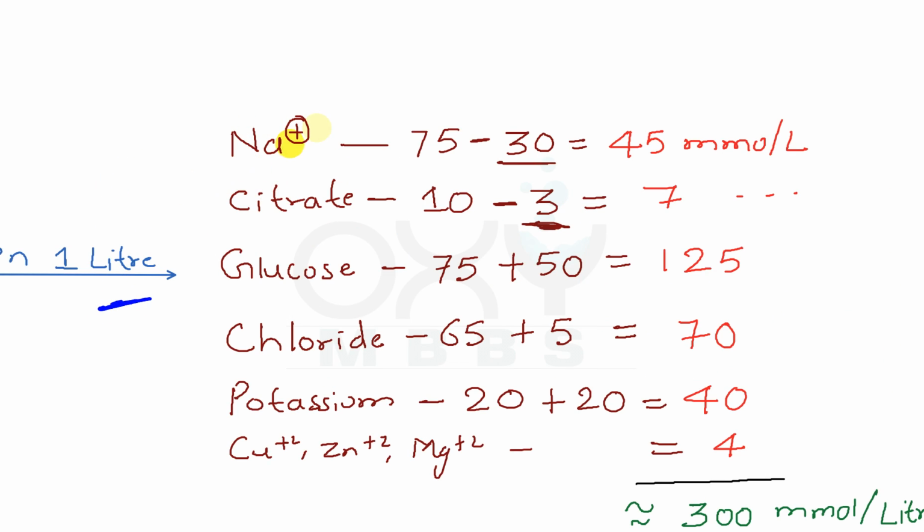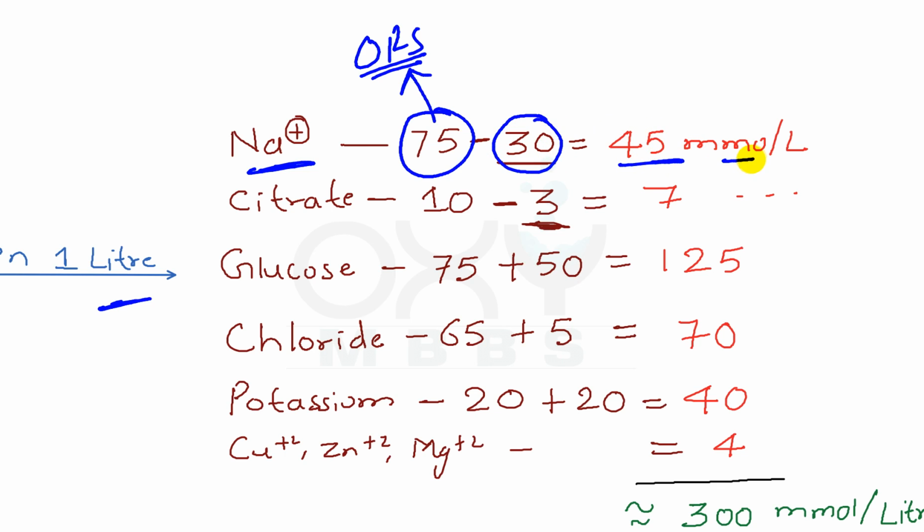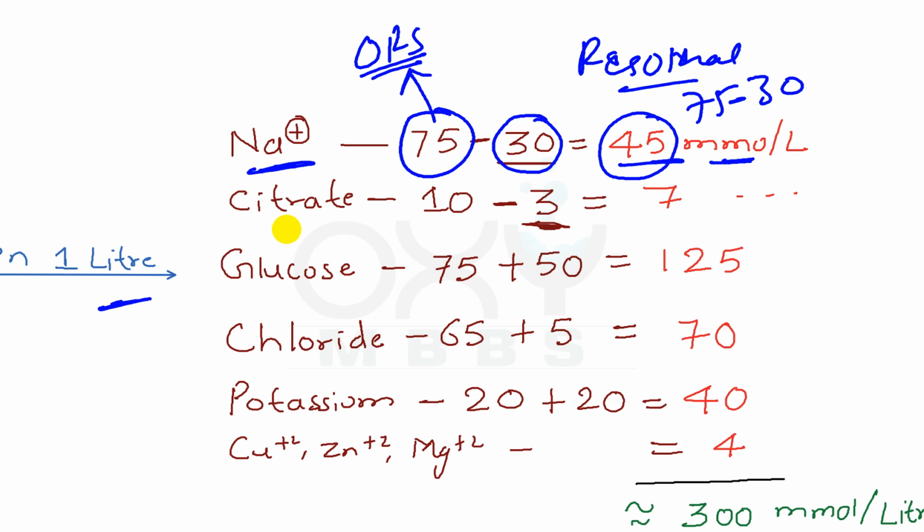So in 1 liter water, sodium will be, now this much concentration, 75, was present in the ORS packet, but here we will decrease sodium concentration by 30, so it is 45 millimoles per liter in the ReSoMal. Similarly for the citrate, just minimize number 3 from the 10, as 10 was present in the ORS packet and it becomes 7 millimoles per liter.